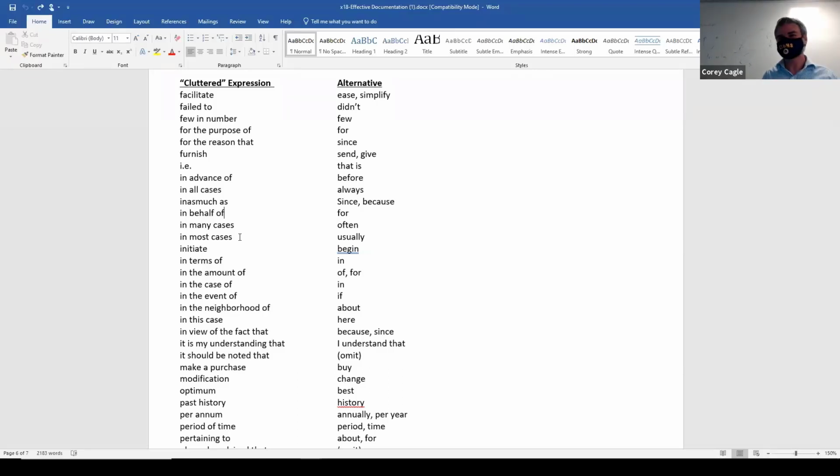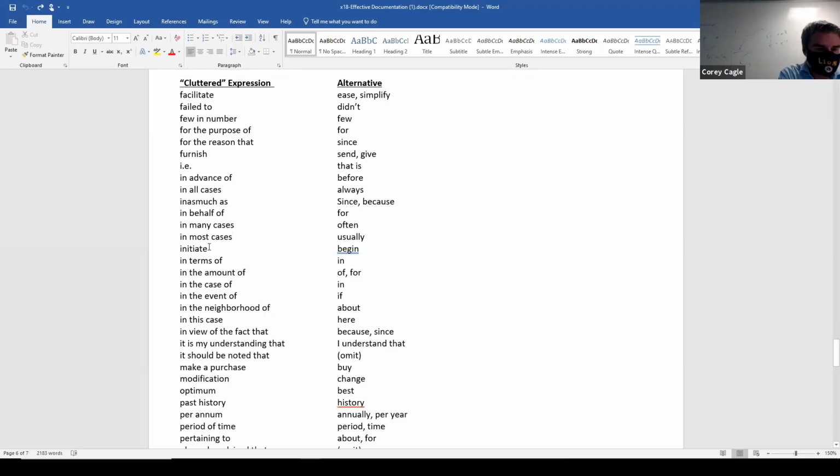Yeah. Of course, you could remove all of that and just say for. That's the point, I guess. In many cases, in most cases, I like that better. That's better to me than usually. Sounds more conversational.